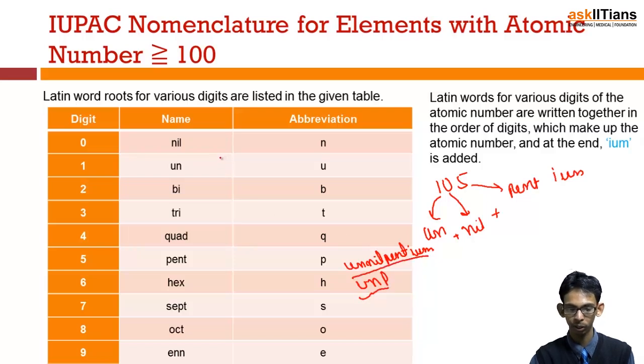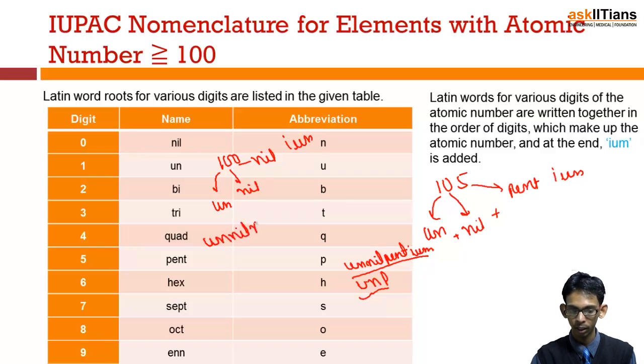If we want to write the name of the element with atomic number 100, we write un for 1, nil for 0, and again nil, and in the end we use ium. So the name would be unnilnilium, and the symbol would be unn.